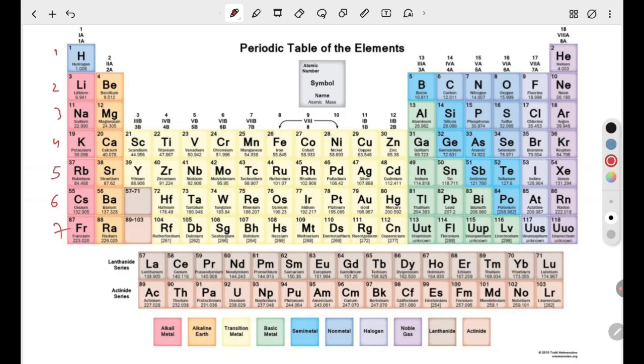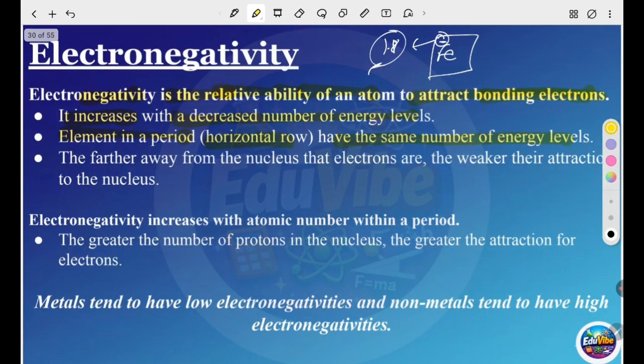Each horizontal row has the same energy levels. So they have a similar electronegativity, but not exactly the same, because every element has a different ability to interact.